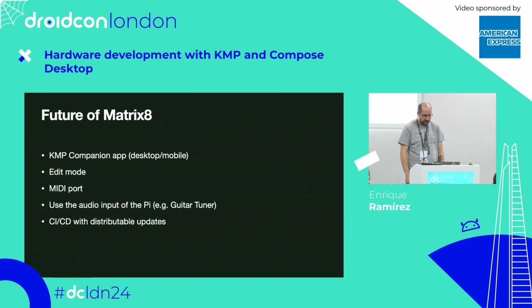And what's in the future? This is a DIY project that I work on when I have time, but I want to do lots of stuff. I would like to do that companion app I was talking about. Now all those pedals are kind of hard-coded. I need to load a new version of the program, so having an edit mode would be good. Or adding a MIDI port, MIDI being that thing that musicians use to control their equipment. That would be super cool.